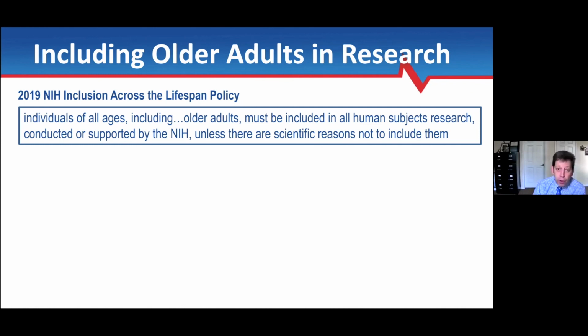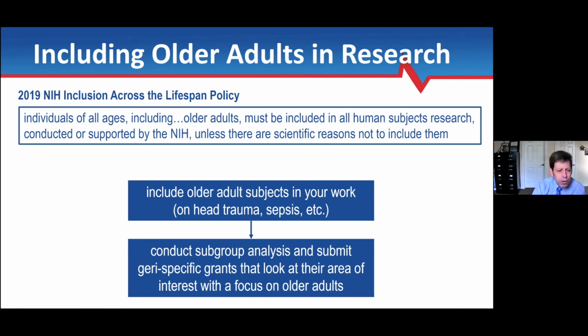But in general, virtually all human subject research, there is going to be a need to at least consider including older adults. In addition, though, I would encourage you in general to include older adult subjects in your work, whether it's on head trauma or sepsis or whatever specific topic, and then to conduct subgroup analysis and submit geri-specific grants that look at your area, whatever it is, with a focus on older adults.